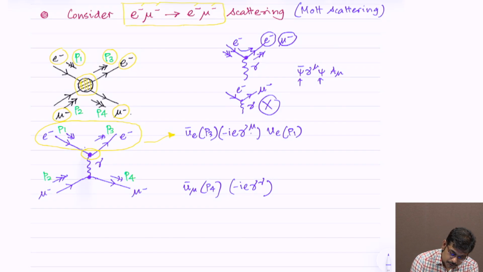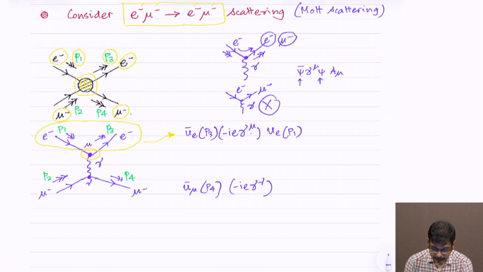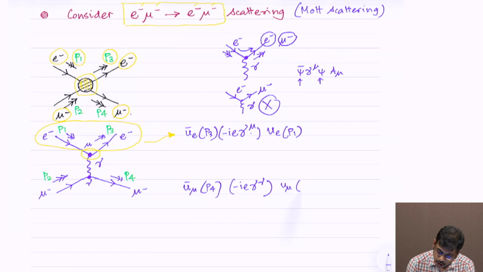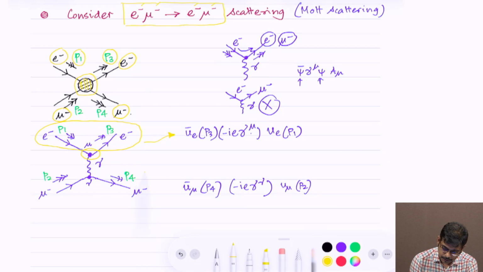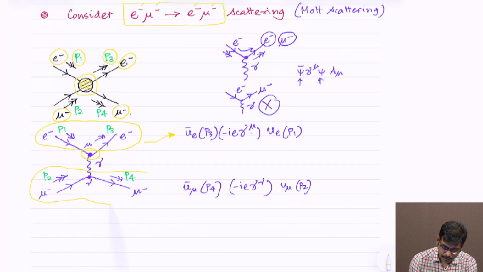I am writing this mu and nu at these two vertices, and that will help me tackle the Lorentz indices later. Then you have an initial state muon, simply given by u mu of p2. All these spinors have momentum dependence, so I write p4, p2, p1, p3 in brackets when defining them. So this defines this particular vertex, and this defines that particular vertex. So this is also done.